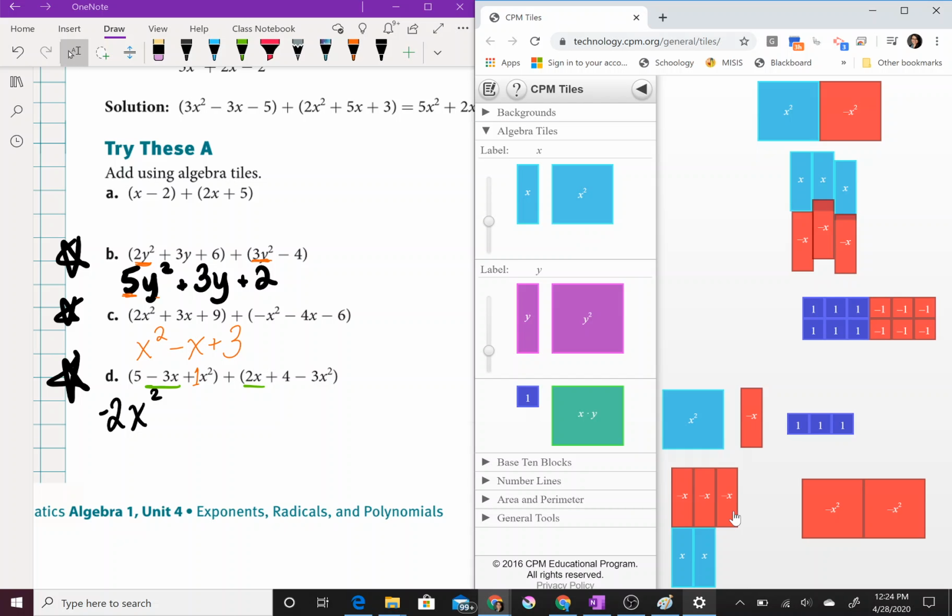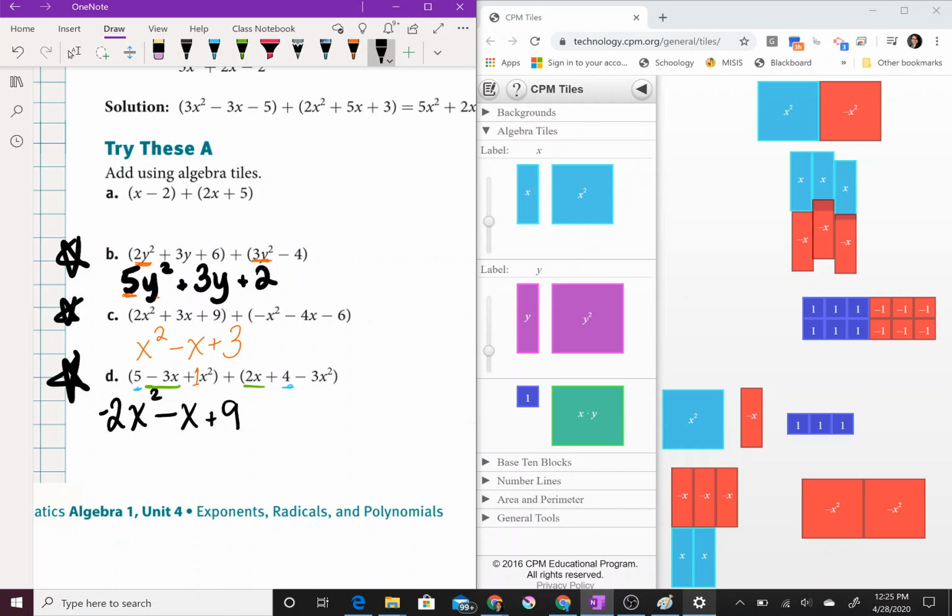That's the same as saying -3 plus 2, that makes -1, and that's going to be a -1x, or -x. And then the last pair that can be combined is 5 and 4, and that together would make 9.